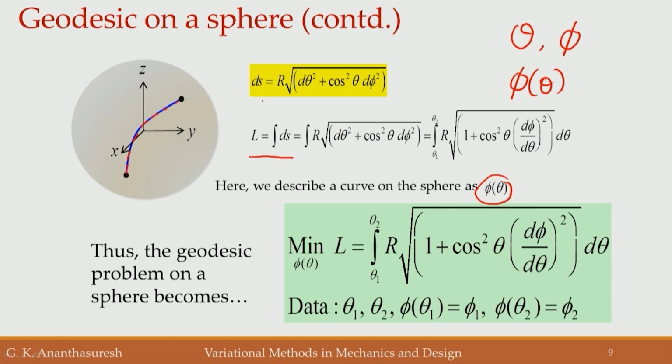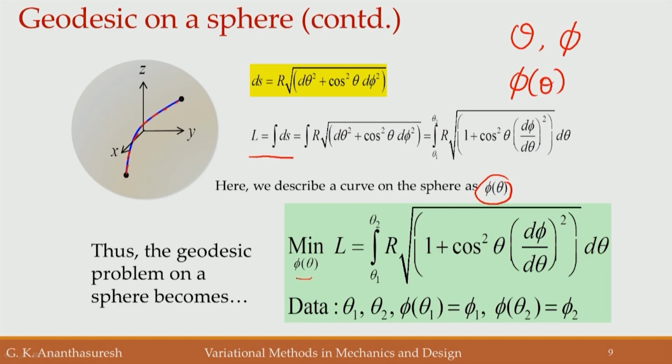So, that becomes our unknown function here. Then the integrand that we have here, with cosine square theta times d phi by d theta, we put that in and try to minimize this integral subject to what is given, that is theta 1, theta 2, phi 1 and phi 2, the starting and end points.